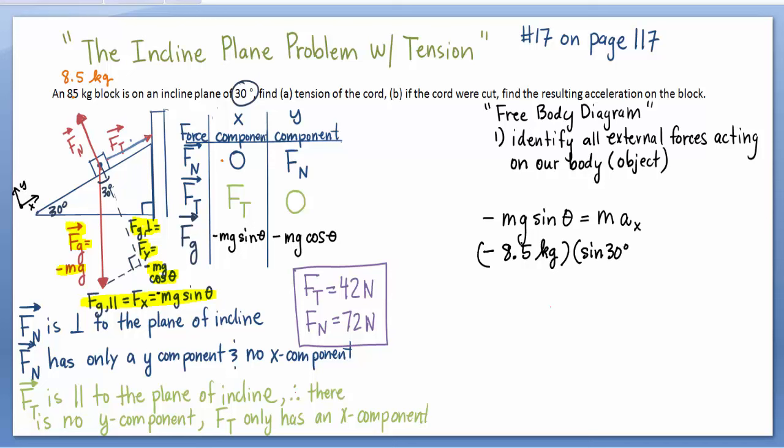I could have simplified this by dividing through by my masses, but that's okay, is equal to a mass times an acceleration in the x direction. And that's 8.5 times 9.8 meters per second squared. Don't forget that part. So that should give us the same thing that we got for force tension.